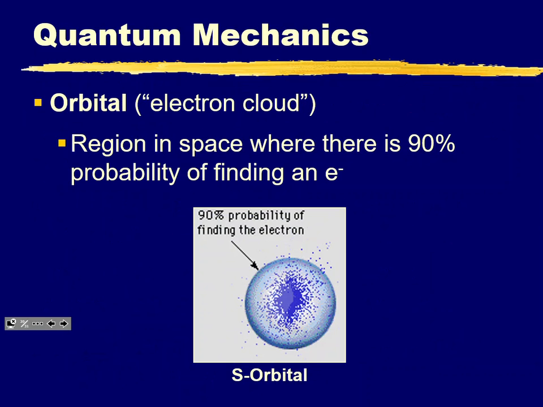Over a period of time, we're able to establish that the majority of the electrons are in the center. That is where the highest probability is that you're going to find the electron, in this round center area, most of the time. So we're going to be looking at it from the orbital perspective.